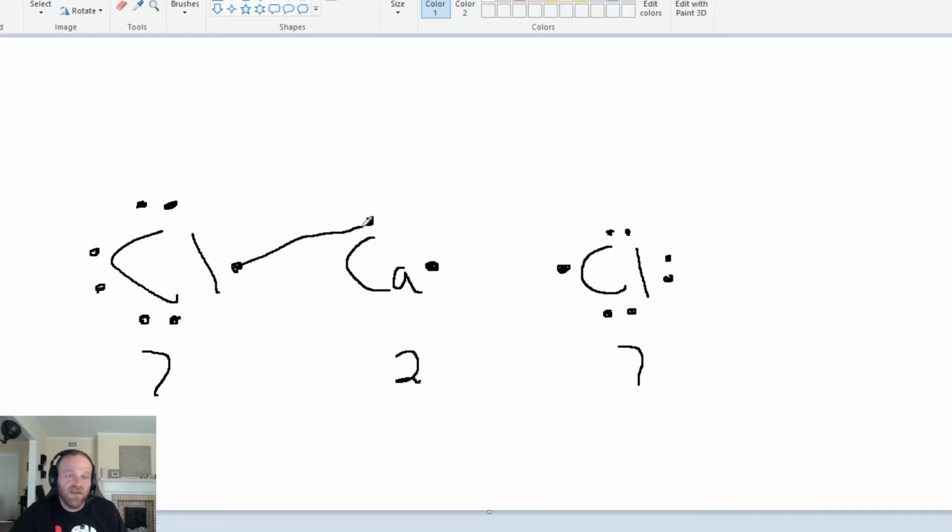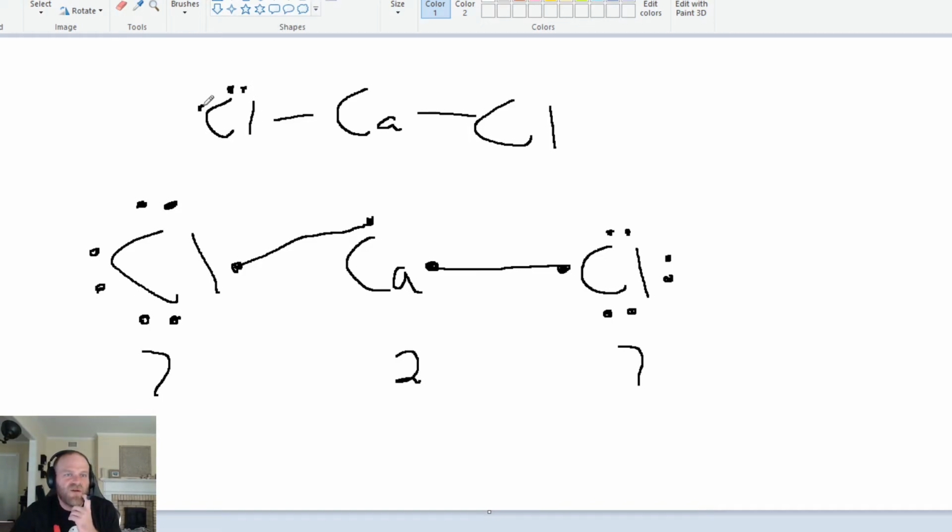All right, so easy enough. I have a solo electron on the calcium, solo on the chloride. Those connect, and now I have calcium chloride out one side and a chloride out the other, and then my valence electrons 1, 2, 3, 4, 5, 6.